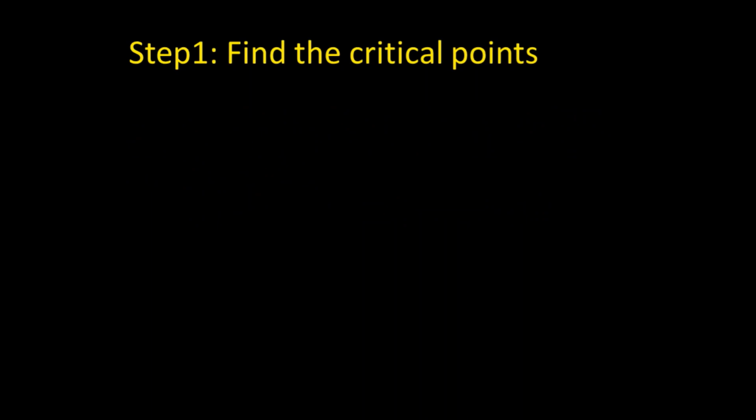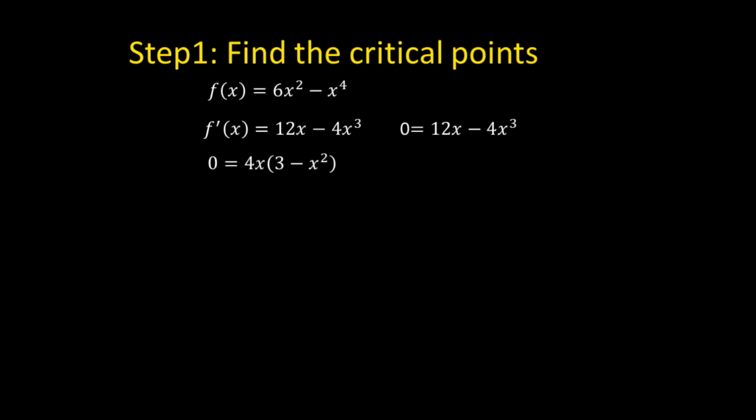So from the function f of x equals 6x squared minus x raised to 4, the first derivative is 12x minus 4x cubed. Equate it to 0. That's why you have 12x minus 4x cubed equal to 0. Let us get the GCF or the greatest common factor. You have 4x multiplied by 3 minus x squared equal to 0. Equate both factors to 0.